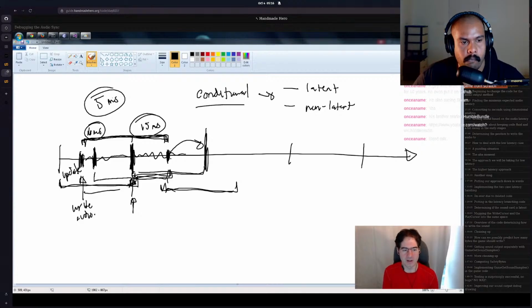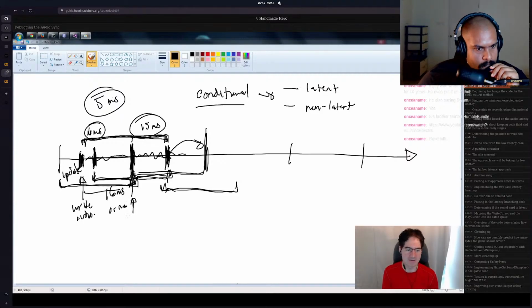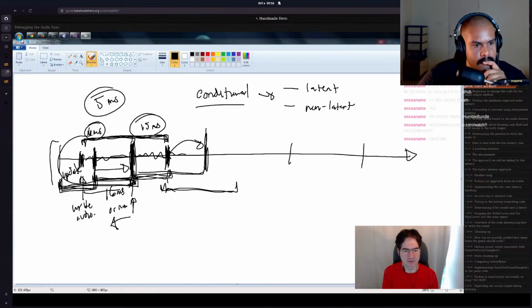Then if the audio latency is 16 milliseconds or more, we're basically going to have to just be writing as soon as we can. If it's less than that, let's push it up to that 16 milliseconds to try and keep it right about here. And we can even measure what our average update time is in here to try and keep that as close as possible, if that makes sense. So yeah, we can do a bunch of stuff like that. We'll try to do the best we can, and we'll go from there.